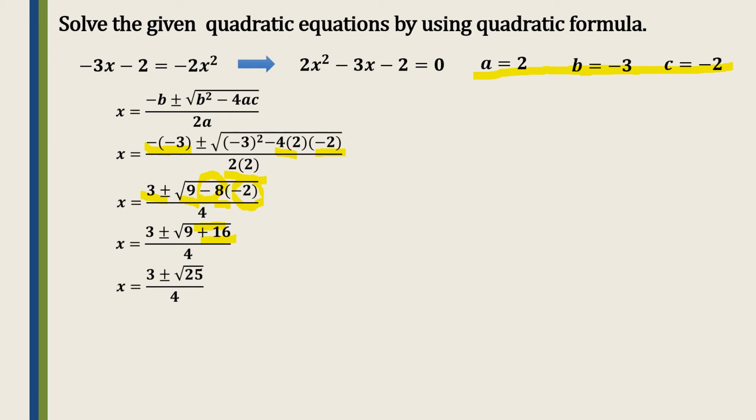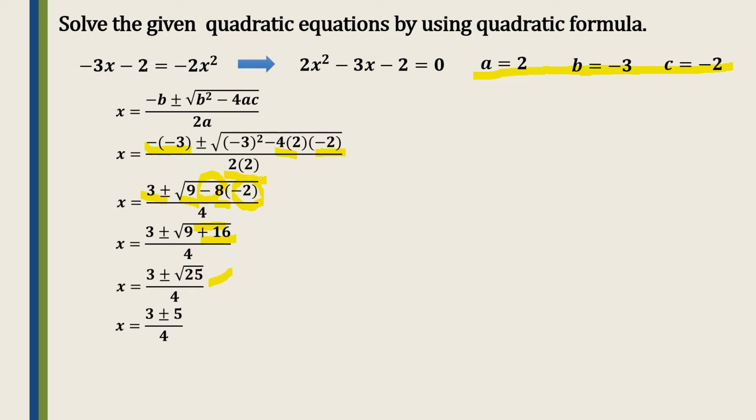I-simplify natin ang radicand or yung numbers sa loob ng radical sign. Magkakaroon tayo ng x equals 3 plus minus the square root of 25 all over 4. 9 plus 16, we have 25.